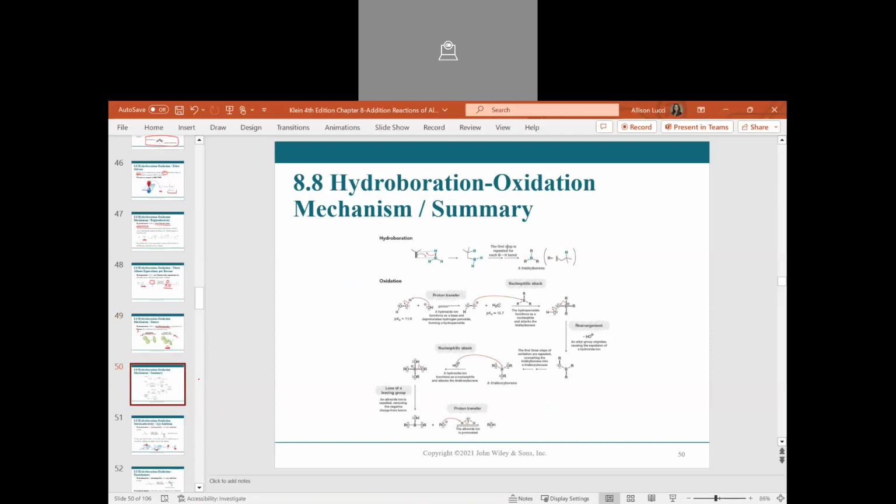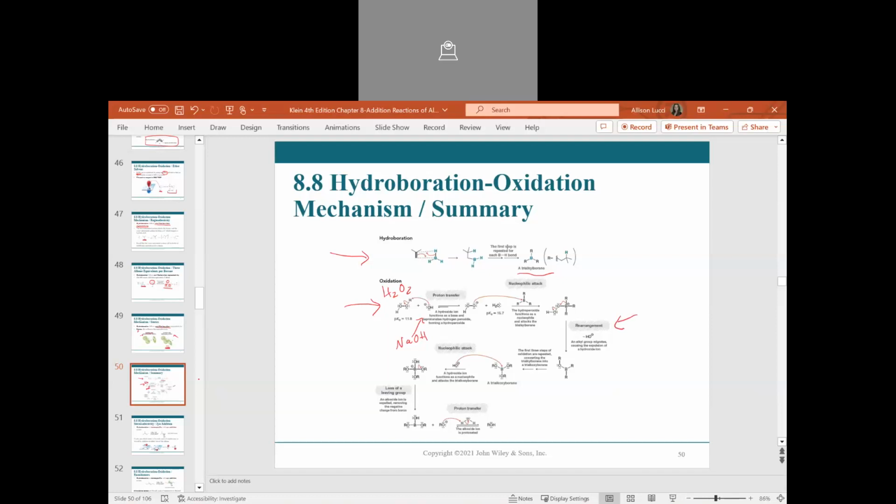So the details of both parts of this reaction: the hydroboration, and we end up with the trialkyl borane over here, and then the oxidation step, which is in base, so this OH comes from our NaOH. We have our H2O2, our hydrogen peroxide over here, and it shows you step by step in the mechanism here.